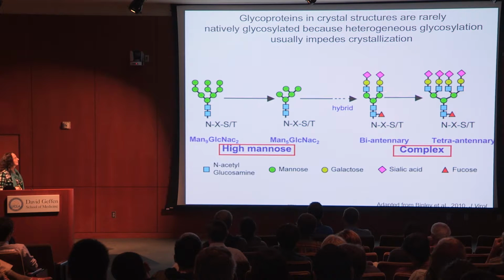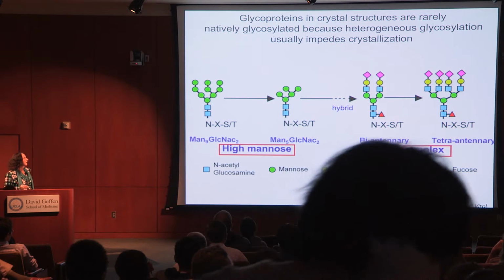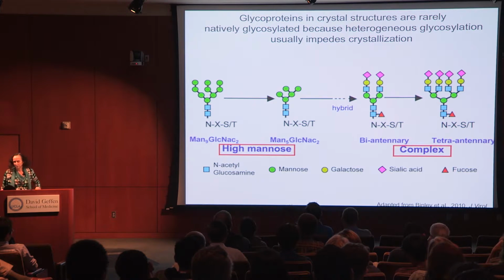It can't access them enough to make the more typical mammalian type of glycan, which is complex type. That is distinguished from high mannose by a core fucose right here, and then a negatively charged set of sialic acid residues here. So complex type N-glycans are negatively charged, and the high mannose are neutral.